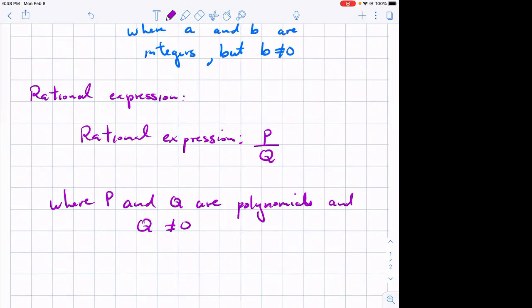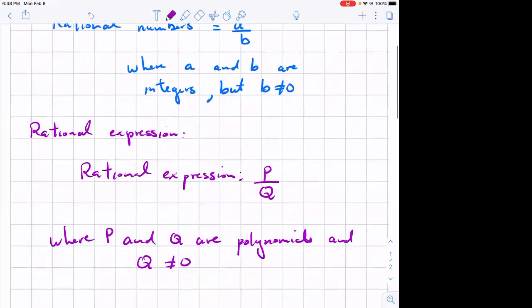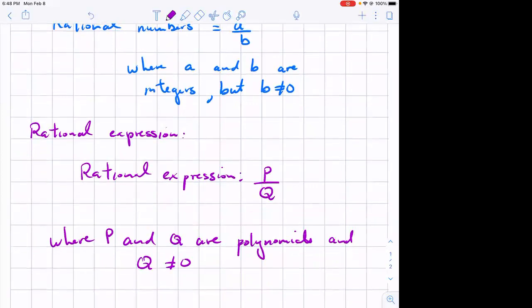So that's the difference: with a rational number we're looking at integers, but with a rational expression we're speaking of polynomials.